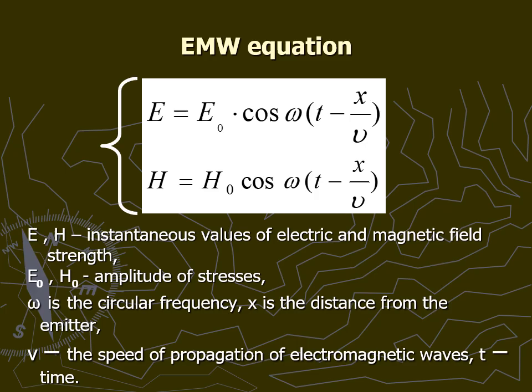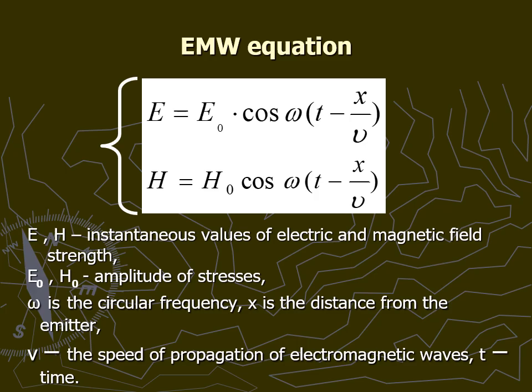H is the strength of the magnetic field. The second force characteristic of the magnetic field also changes according to the harmonic law. The magnetic field strength is measured in amperes per meter, which allows us to evaluate the force effect of the magnetic field on the moving charged particles of the vacuum.